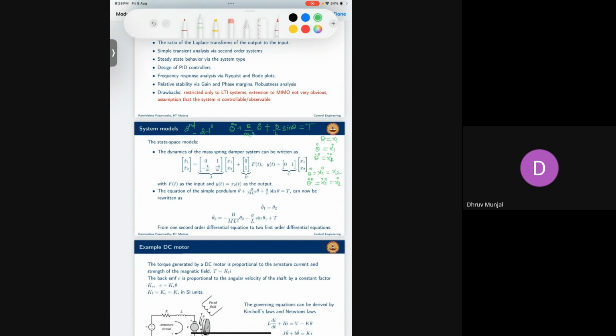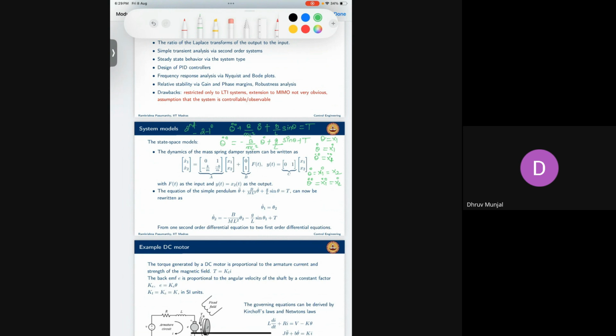Now I have theta double dot, so I'm keeping theta double dot on one side and putting everything else on the right hand side, just rewriting in terms of theta double dot on one side and the rest of the things on the other side. Sorry, this will be plus g by l sine theta plus t, right?